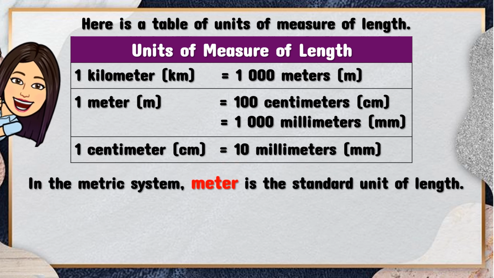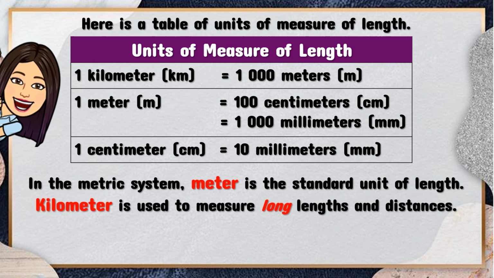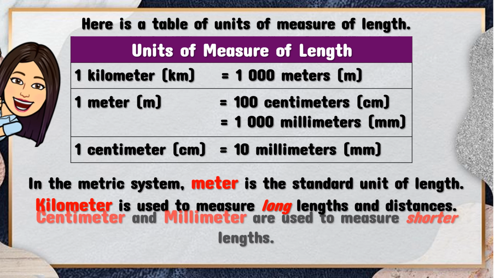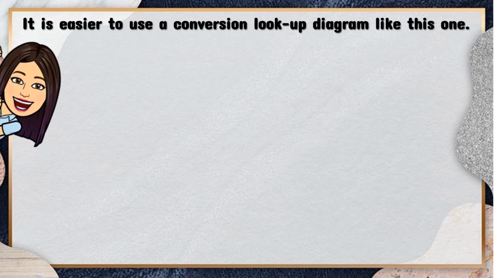In the metric system, meter is the standard unit of length. Kilometer is used to measure long lengths and distances. Centimeter and millimeter are used to measure shorter lengths. It is easier to use a conversion lookup diagram like this one.